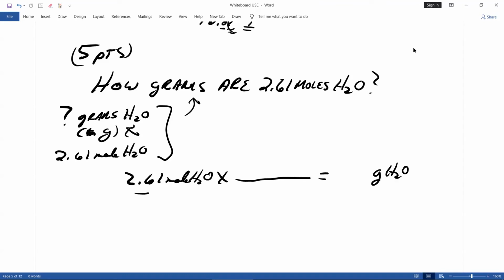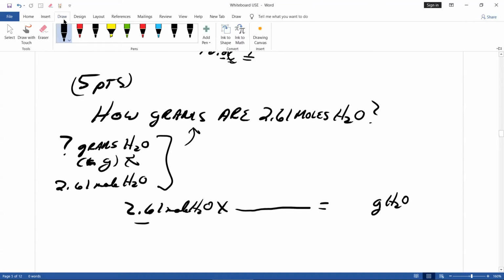Whatever we're trying to get to, the units go on top of this ratio. Whatever we're trying to get rid of goes underneath. Well, let's write in those units. Grams of water, mole of water. And where do we get those numbers?